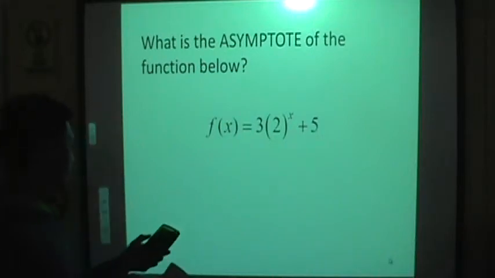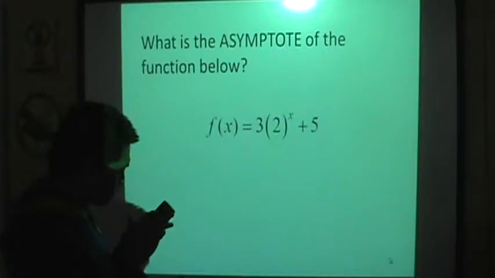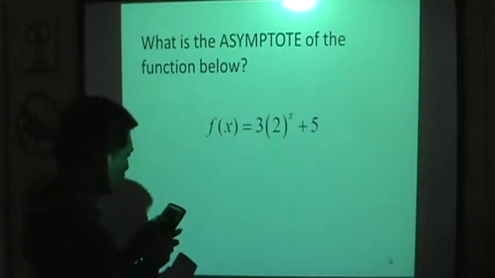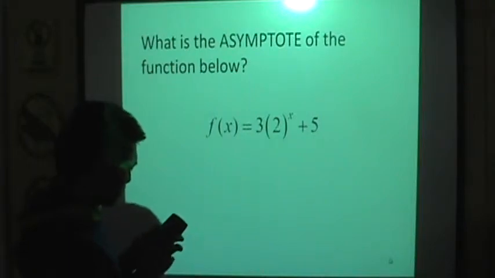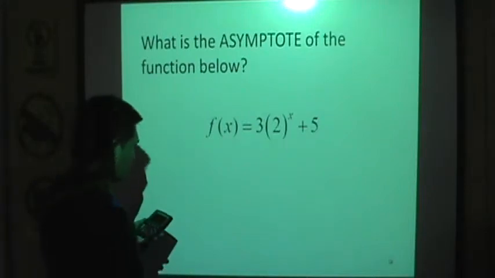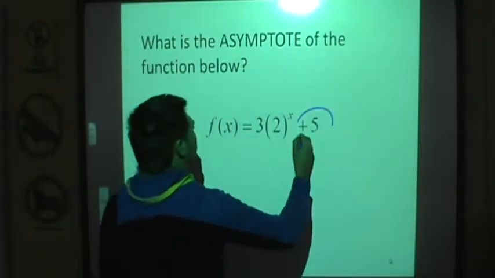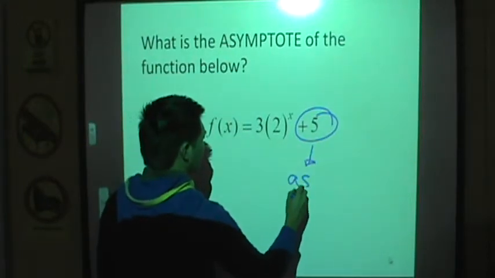You press graph, and it looks like the asymptote is 5.